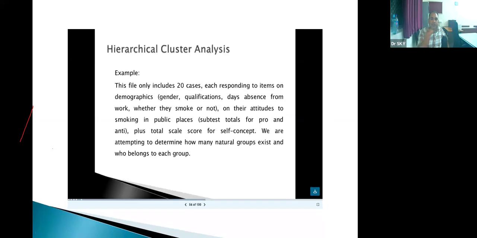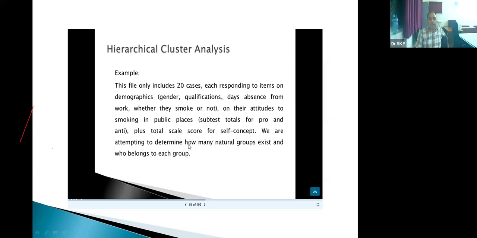Hierarchical, say this is one example: one file contains, say, 20 cases, each responding to items on demographics, say gender, qualification, days of absence from work, whether they smoke or not, and on their attitudes to smoking in public places. Subtest totals for pro and anti, plus total scale score for self-concept.